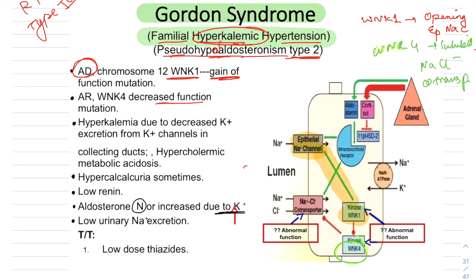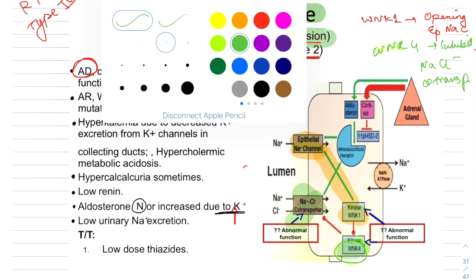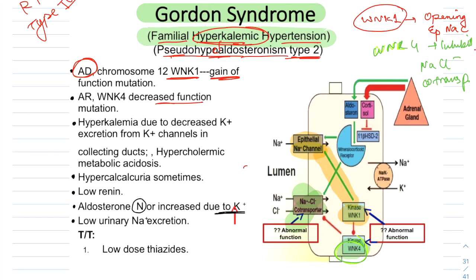So as seen here, WNK4 is responsible for the closure of the sodium chloride co-transporters. So any increase in the function of WNK1 will cause excessive opening of the epithelial sodium channels, while any decreased function of WNK4 will also cause increased opening of the sodium chloride co-transporter because it inhibits.